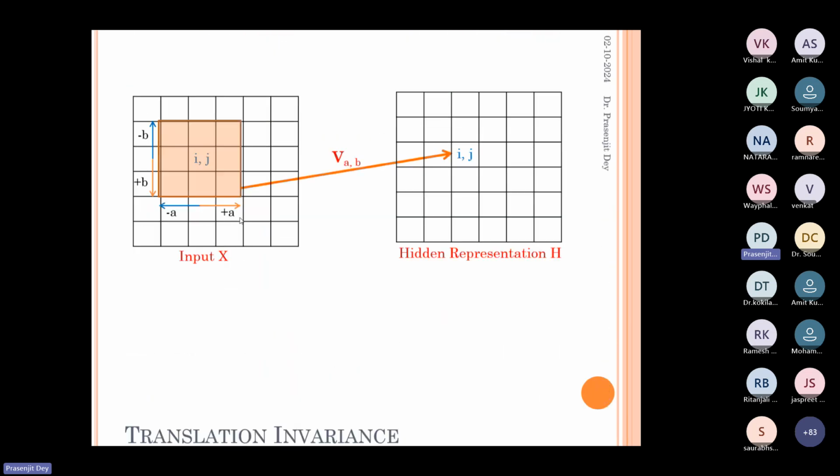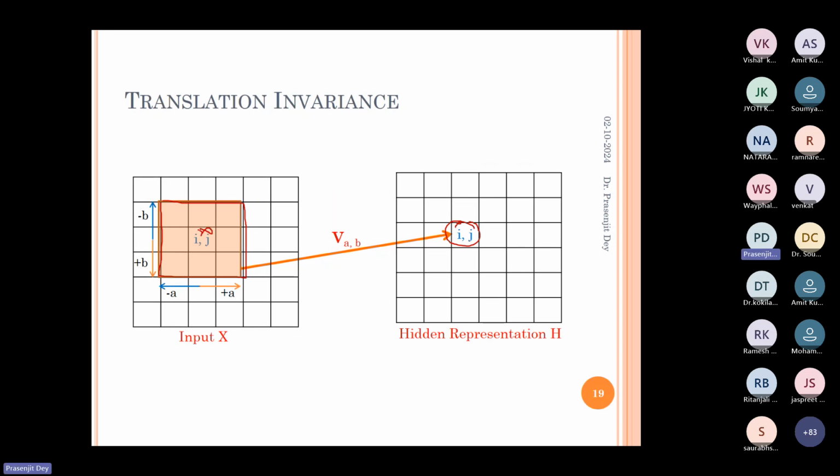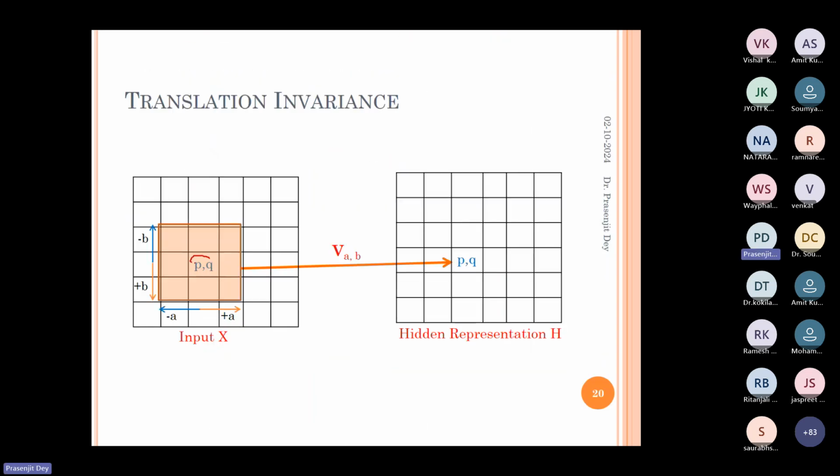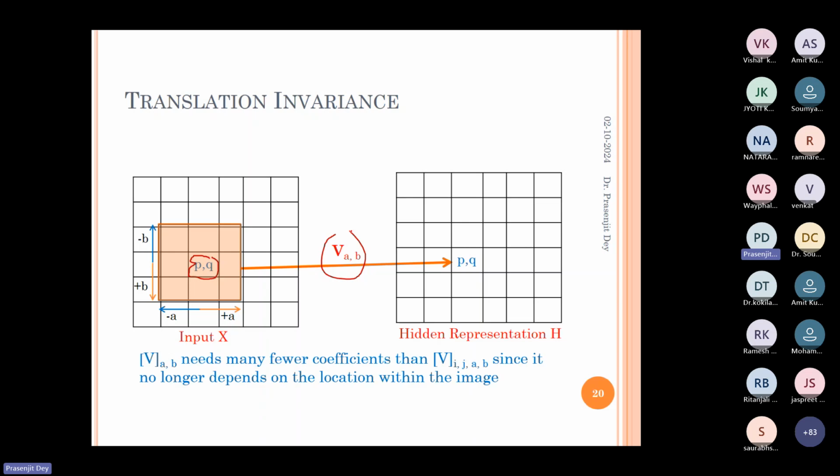In a previous pixel, the input position was ij. In the next pixel, its position is pq, but it doesn't matter. The weight is the same. You can consider this weight, or weight tensor, as the kernel, and this kernel we need to learn in a convolutional neural network.